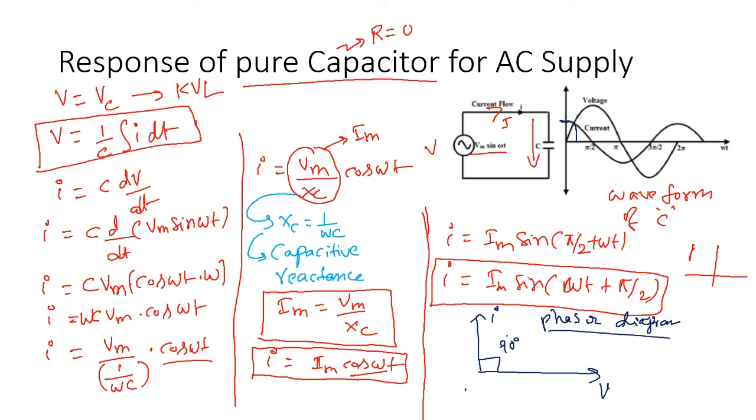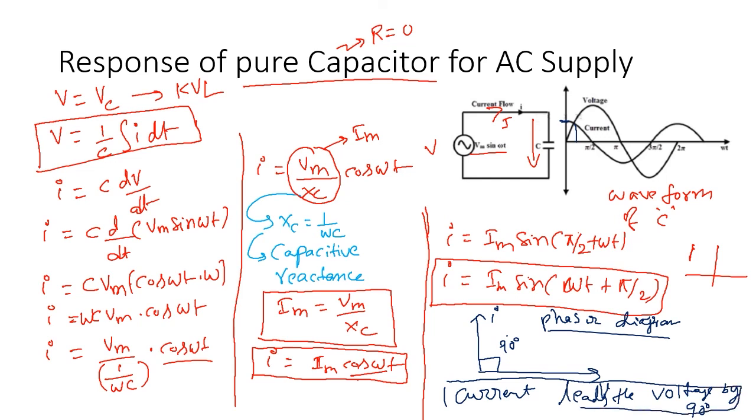Here, what happened? Current leads the voltage by 90 degrees. Okay, this is very important to remember, right? Current leads the voltage by 90 degrees.